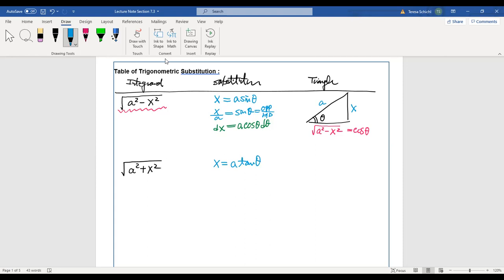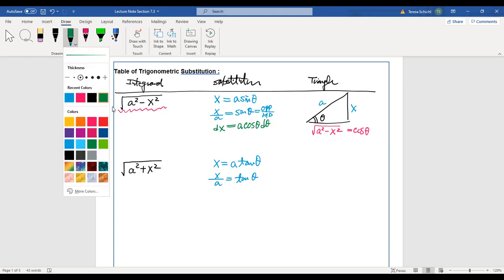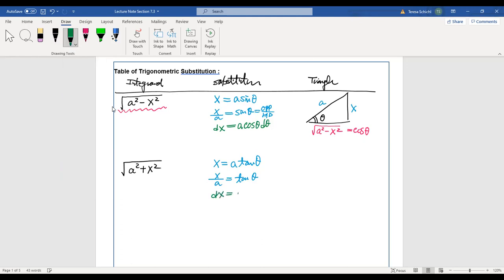Okay, if x is equal to a tangent theta, then I know that x over a is equal to tangent theta, right? And now let's take a look at what the dx is. dx is equal to a times the derivative of tangent theta, which is secant square theta d theta.